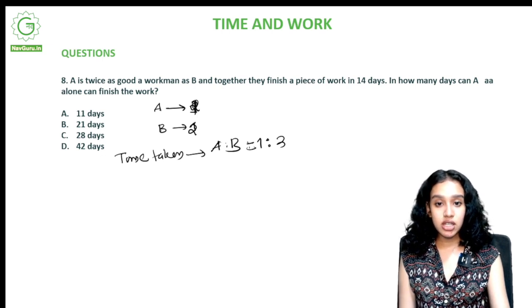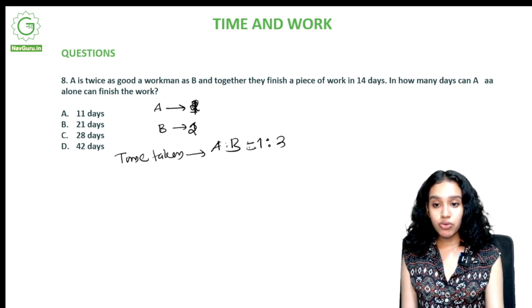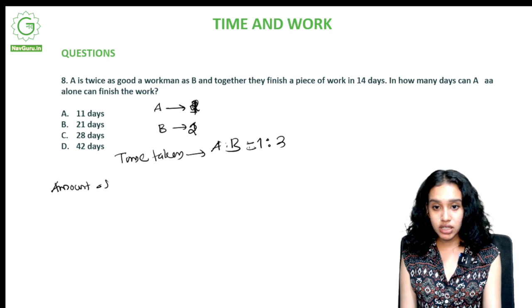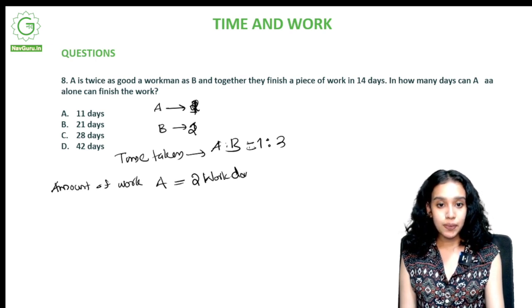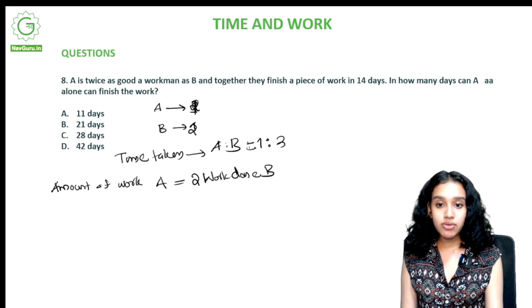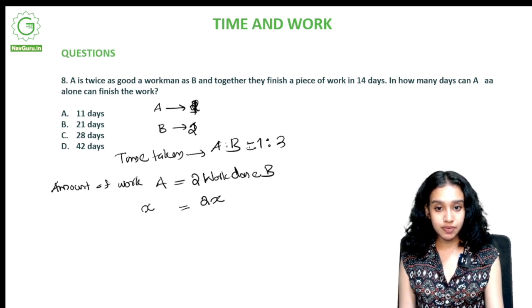So the efficiency of A is double that of B. That is, the amount of work done by A is twice the amount of work done by B. So if the amount of work done by A is equal to X, the amount of work done by B is equal to 2 times X, right?